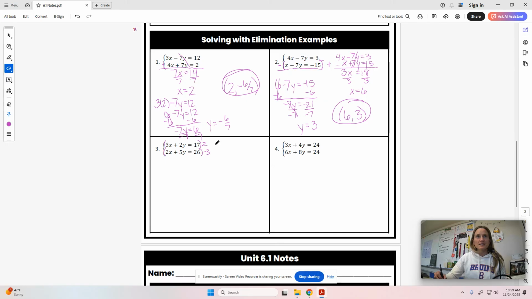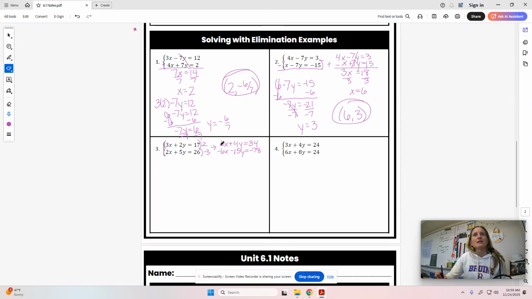When I do this, my first equation becomes 6x, 2y times 2 is 4y, and 17 times 2 is 34. For the second equation, 2x times negative 3 becomes negative 6x minus 15y equals negative 78, I believe.